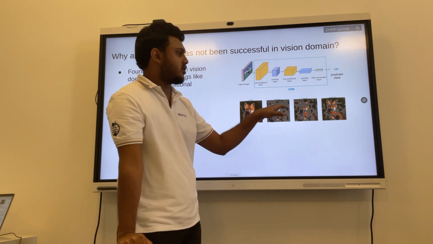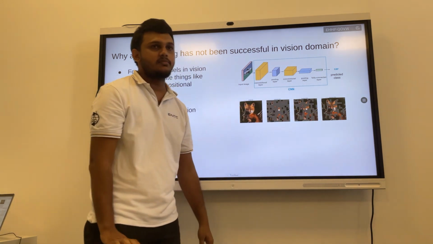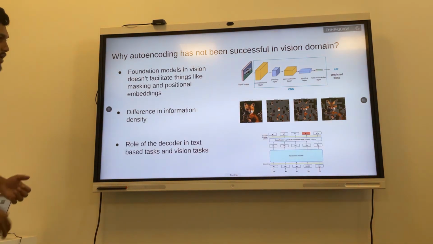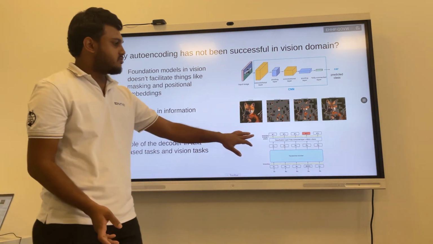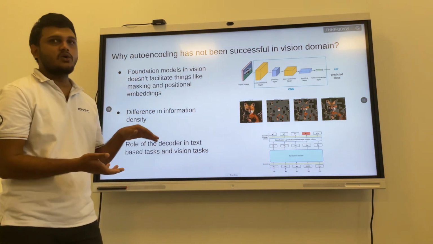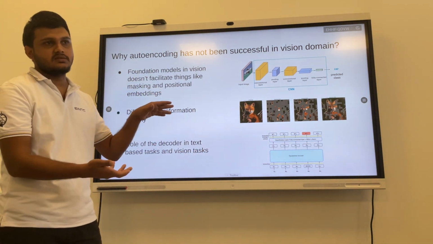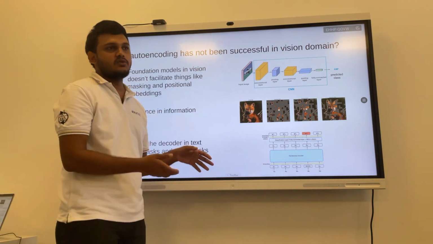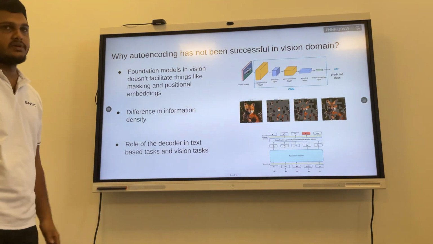It's not going to be easy to do an interpolation. And then the role of the decoder. In BERT we saw the decoder is a simple linear layer, but in vision the decoder should be specialized in reconstruction. So we simply can't have a linear layer like this; we will need some model like a ViT or a CNN.